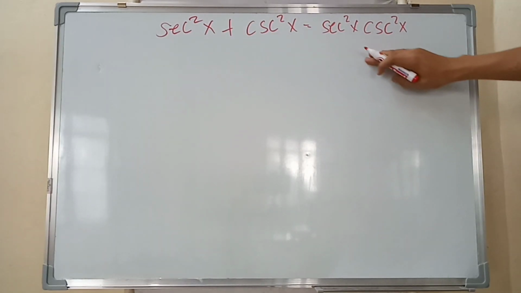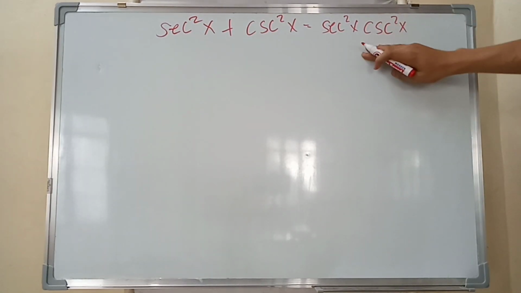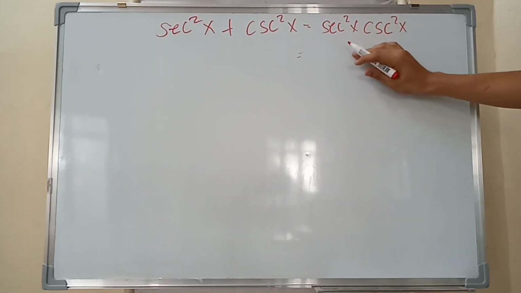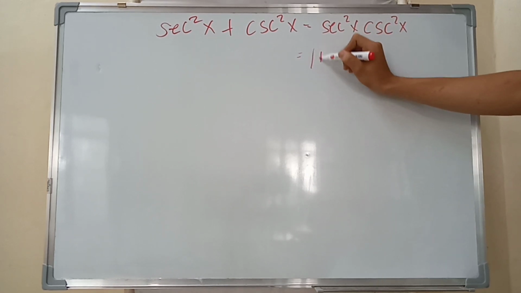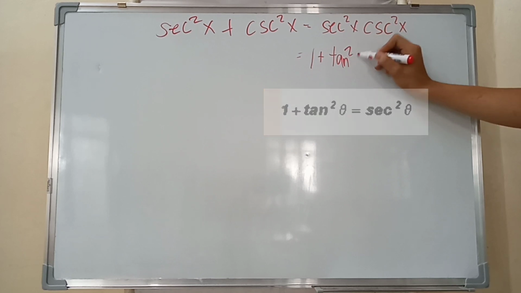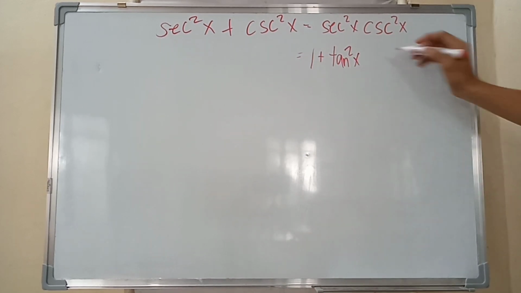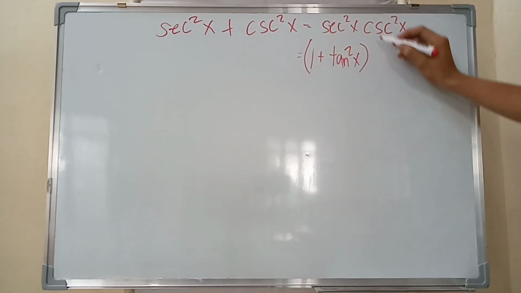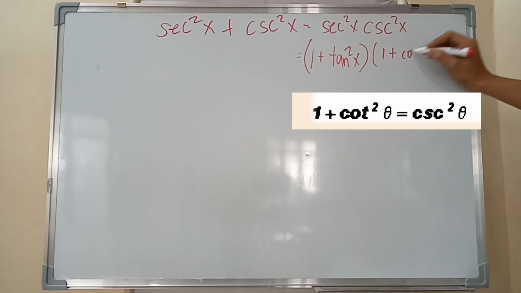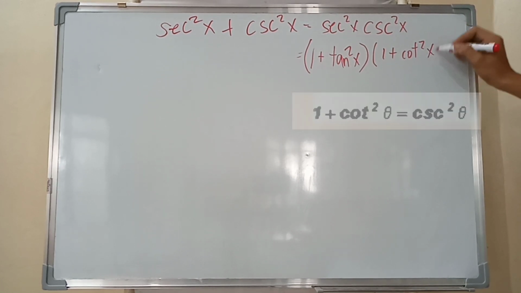Ang gagalawin natin dito is the right side. So, secant squared x is gagawin natin 1 plus tangent squared x. Then, cosecant squared x is gagawin natin 1 plus cotangent squared x.